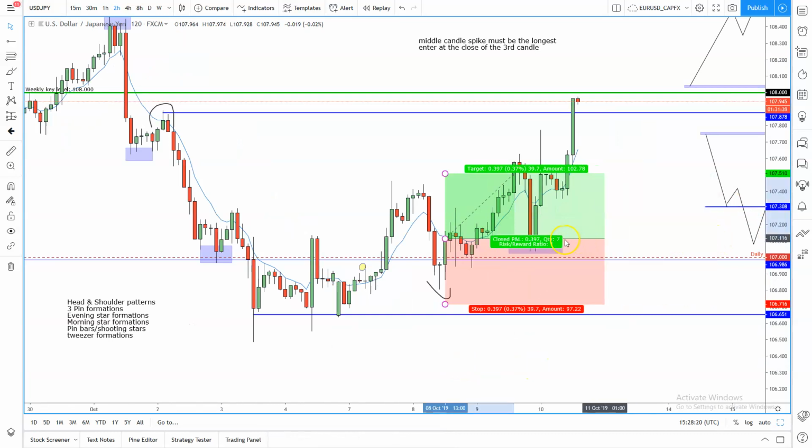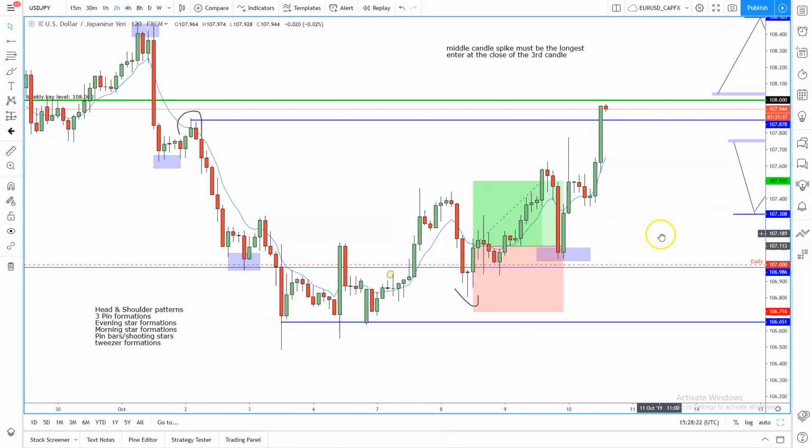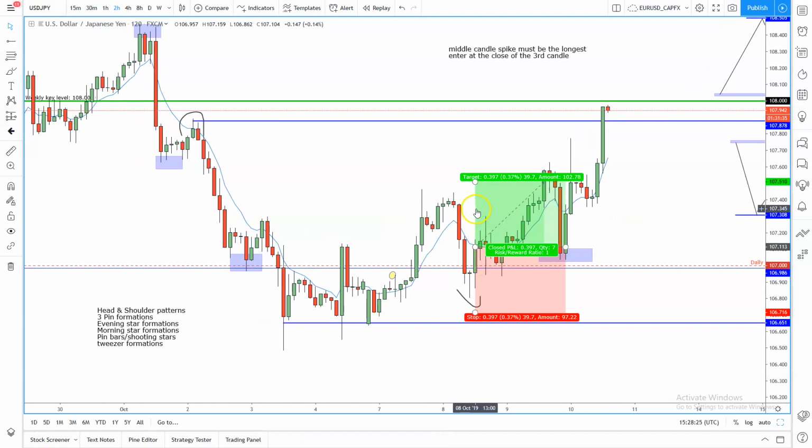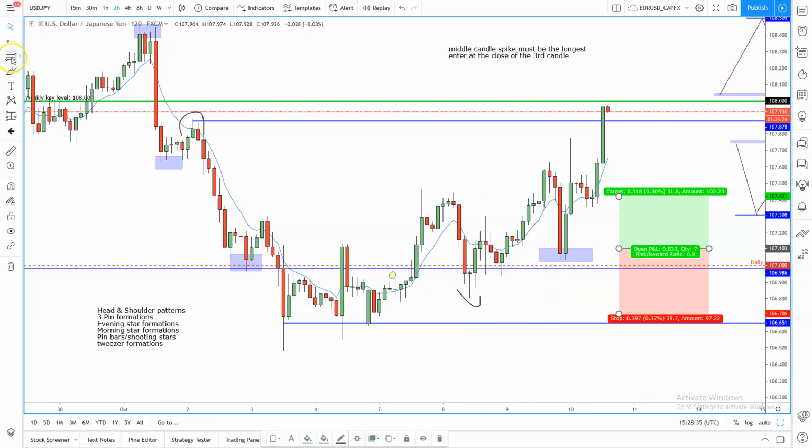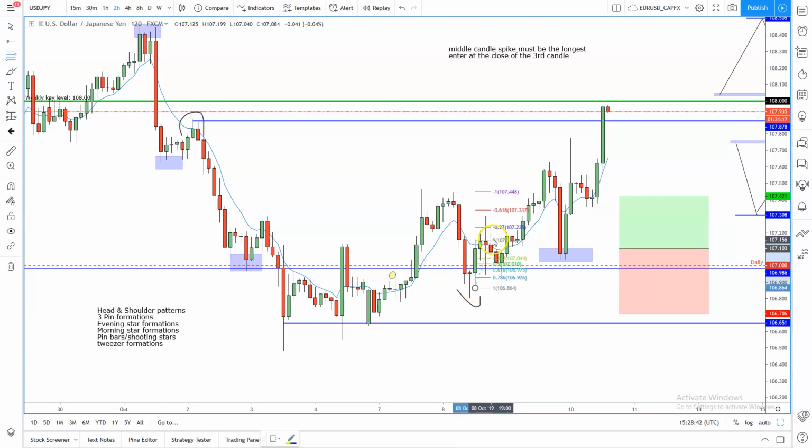Sometimes it's a bit tricky because the third candle could be fairly big. If the third candle is really big, just measure 40 to 50% of the large candle and then wait for price to pull back there. For example, draw your Fibonacci from the low to the high of this candle, target 50% or 40%, and take your trades there.